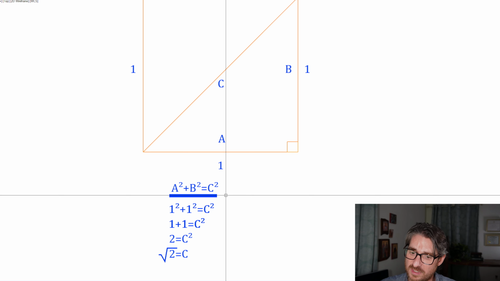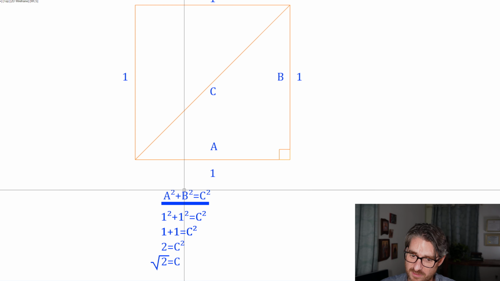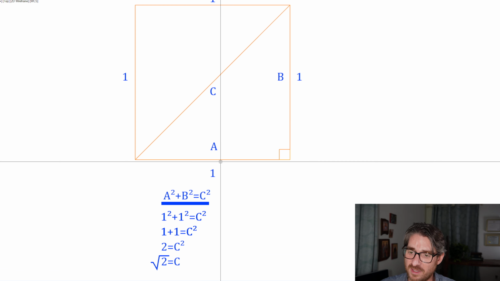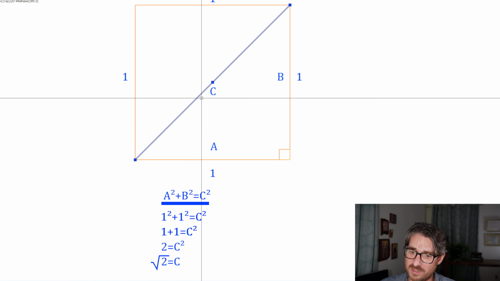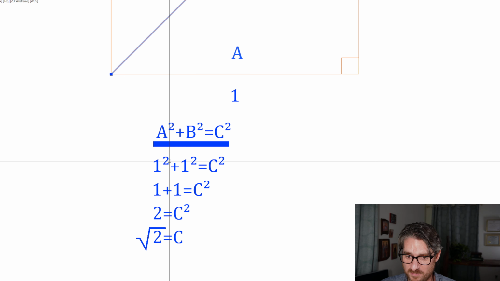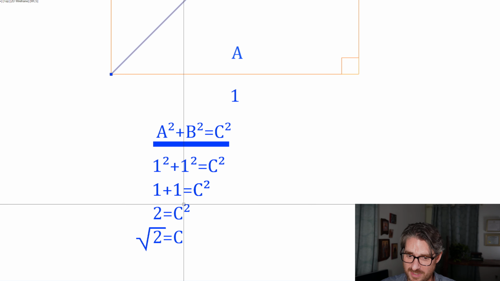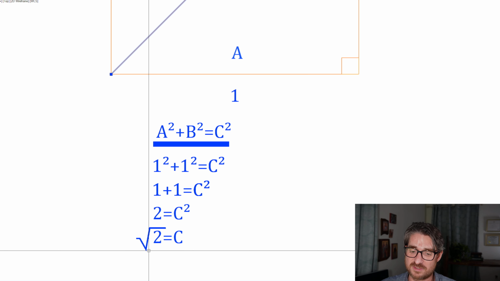And so we can use the equation for the length of the sides of a right triangle, a squared plus b squared equals c squared. In this triangle, we have 1, 1, and an unknown. What is c? So we simplify: 1 squared plus 1 squared, 1 plus 1, 2 equals c squared, and I take the square root of each side.